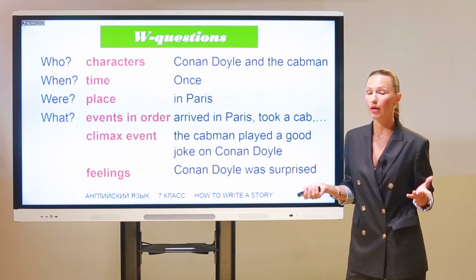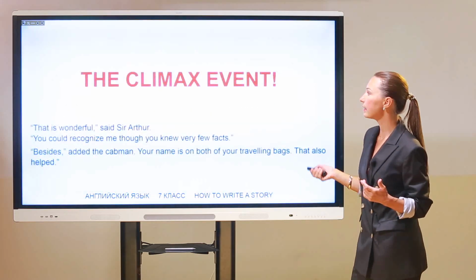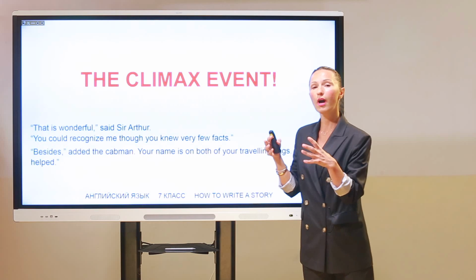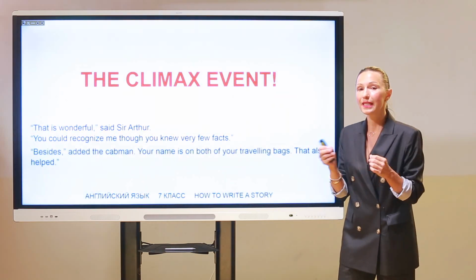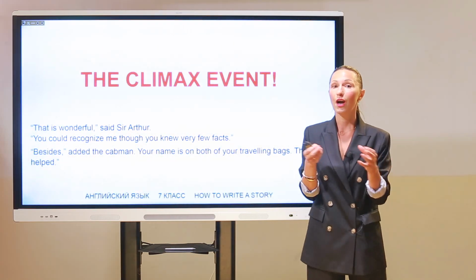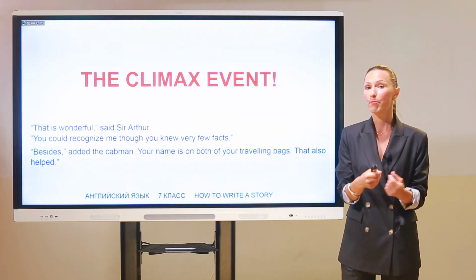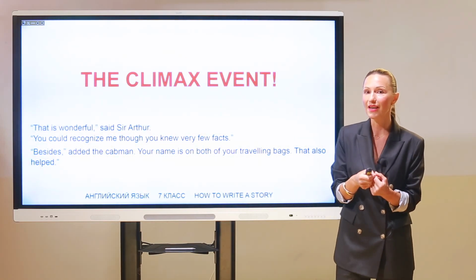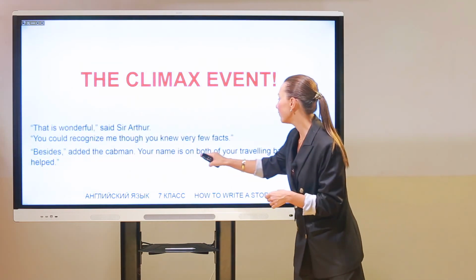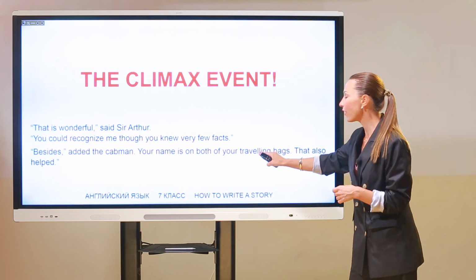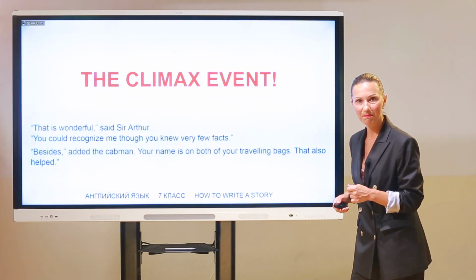What is our climax event? We see here the climax event: Sir Arthur Conan Doyle didn't understand how the cabman could recognize him. But the cabman could recognize him because of the name on the traveling bags.